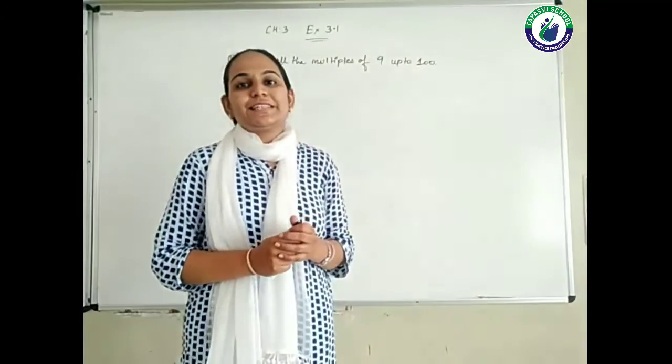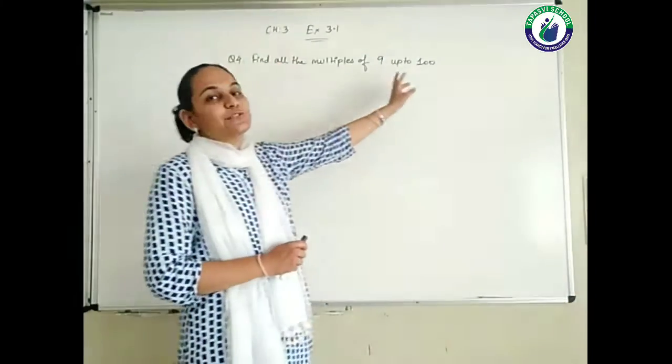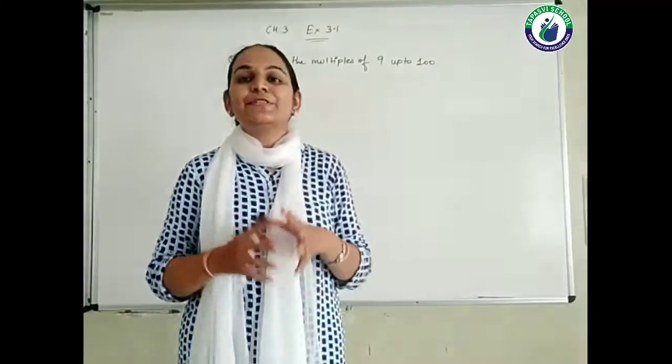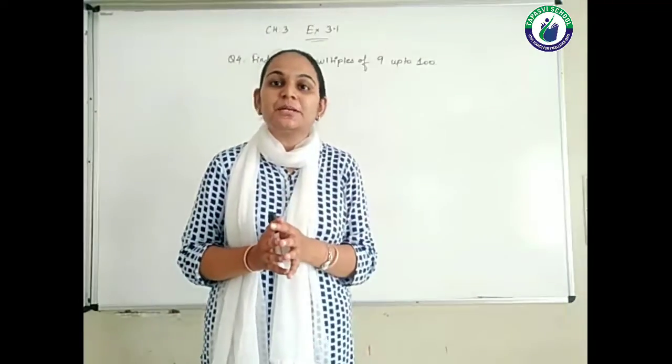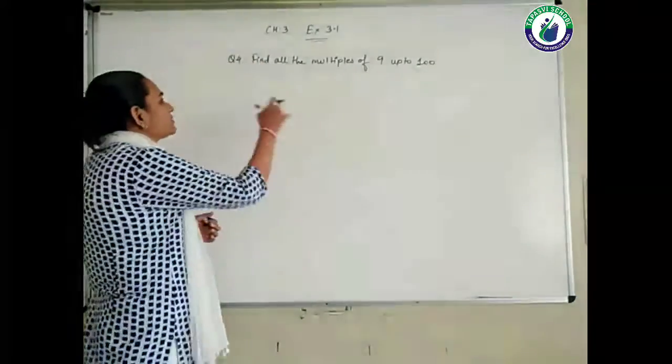Okay students, now let's see the last question of this exercise 3.1, that is find all the multiples of 9 up to 100, right? That means up to 100, whatever the multiples of 9 are there, we have to write them. So let's see the solution of it students.